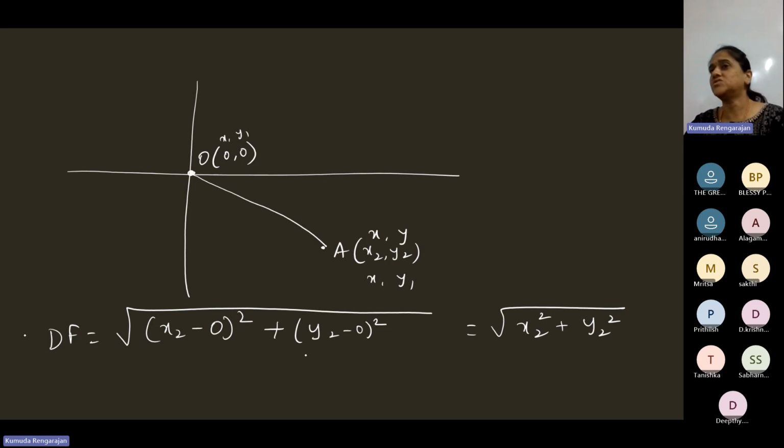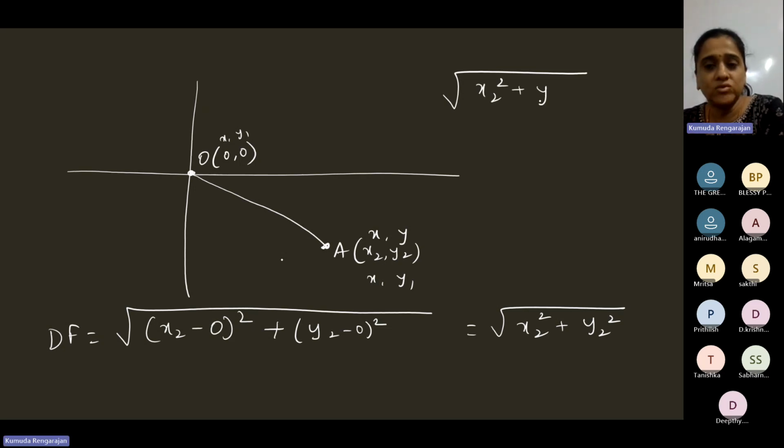So if you want to find the distance of a point from the origin, whatever coordinates are given to you, if it is x2 comma y2, then it's going to be square root of x2 square plus y2 square. This is important for 1 mark. You need to work faster. If this is x comma y, then square root of x square plus y square. If x1, y1, then square root of x1 square plus y1 square.